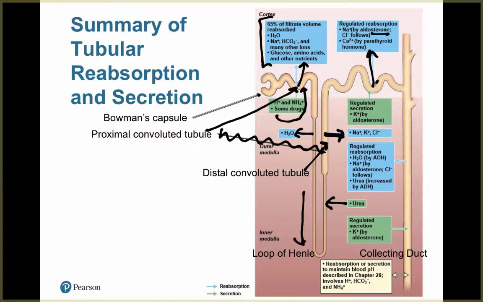This is where sodium will be reabsorbed if you have aldosterone, or calcium if you have the parathyroid hormone. So these are both endocrine regulations. And basically potassium gets put into the urine to be released if you have aldosterone controls.